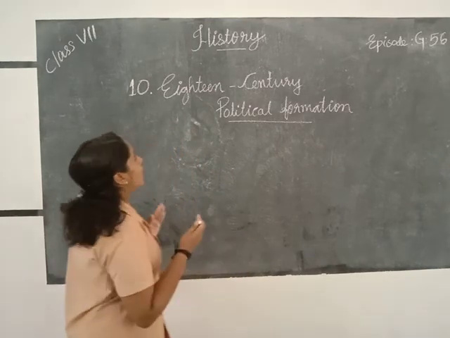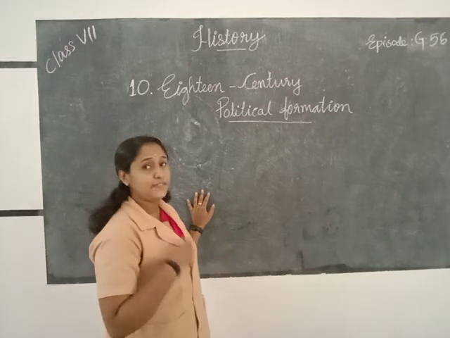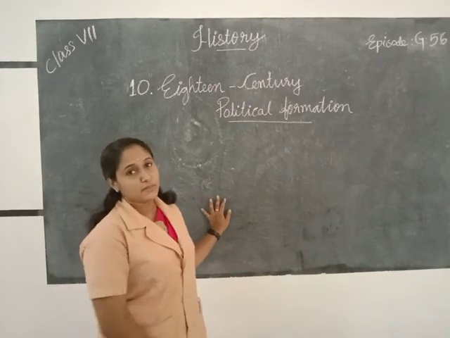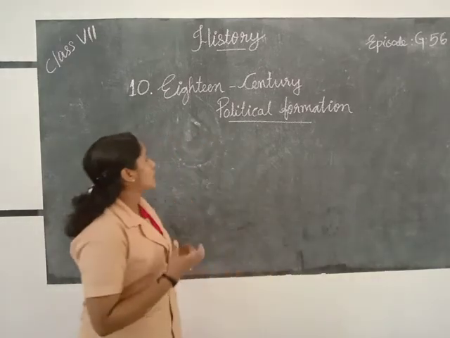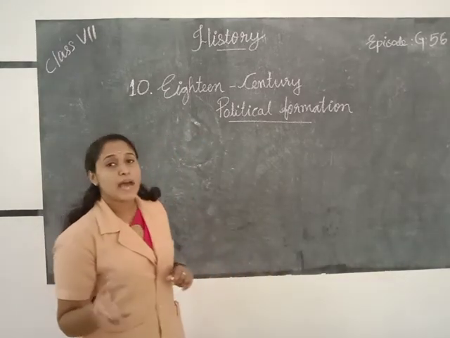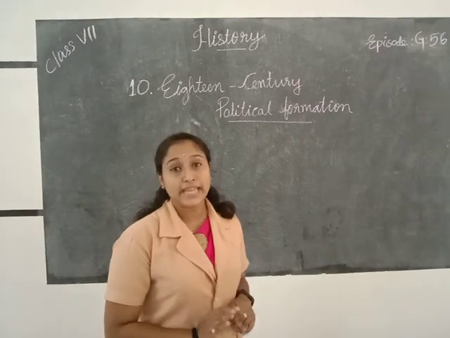Okay, so in our chapter we are discussing what happened after the Mughal period in our subcontinent. This chapter starts with a map. Look at your textbook, page number 138.